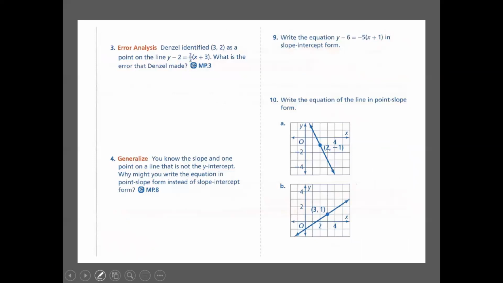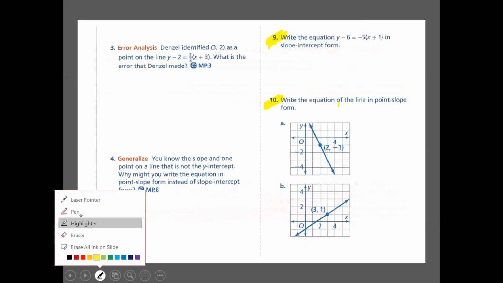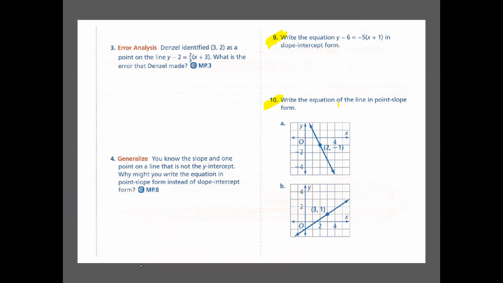I'm going to have you guys go ahead and work on number 9, 10 on your own. So pause the video. I'm going to go ahead and go over b with you guys.